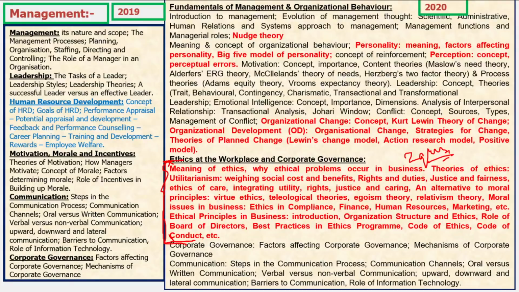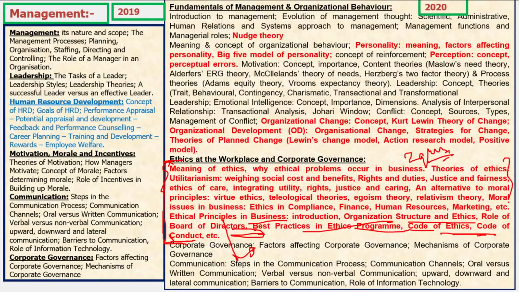A lot of these things you might have touched upon in corporate governance too, because ethical principles in business, corporate governance rules are derived from here only. Then organization structure and ethics, role of board of directors, best practices in ethics program, code of ethics, code of conduct. These might have been covered in your corporate governance module also.